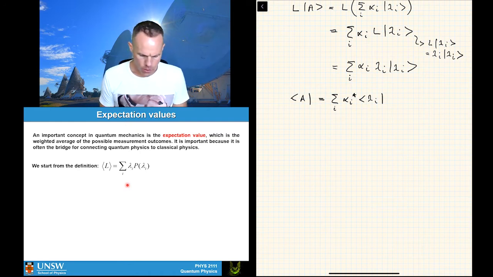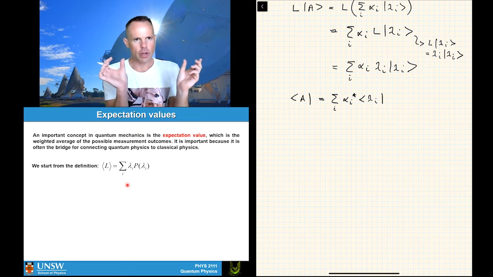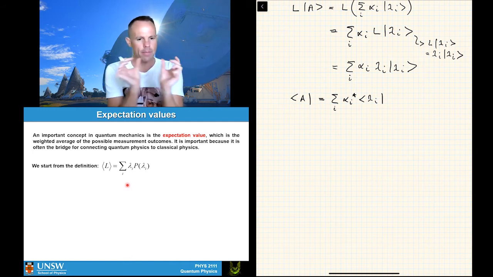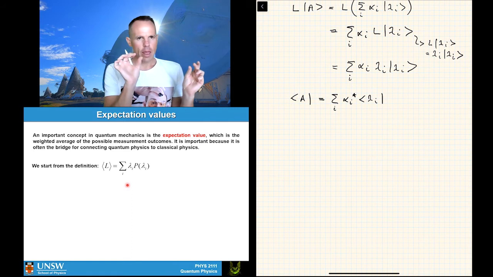All right, so what we can do is you can take inner products, right? And when you take an inner product, what you do is you take a bra and you take a ket and you multiply them together. What you also know is that if you use an operator on a vector, then you will get a new vector, okay?